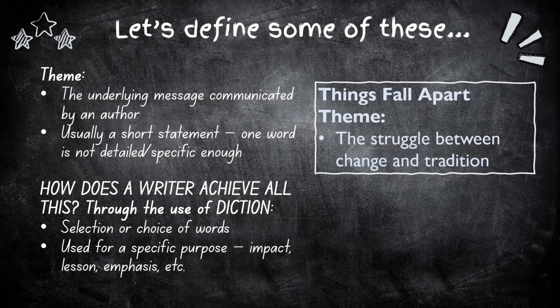They either are meant to give impact or to teach a lesson or to emphasize something or to convey a theme, to convey a tone, to convey a mood, etc. So it is incredibly important that we look at the choice of words that have been used by a writer.